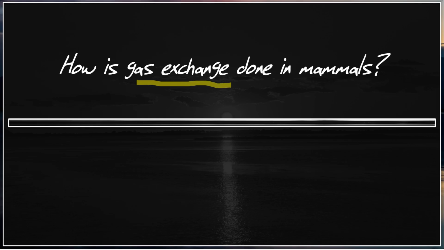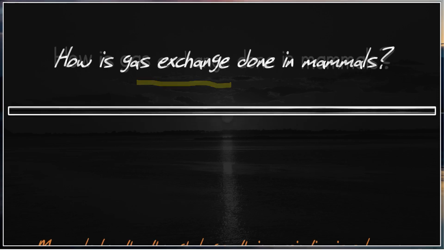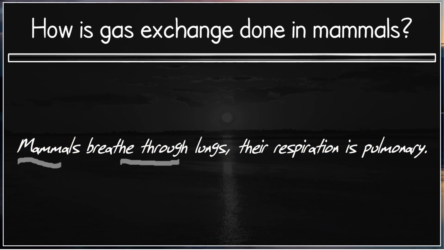How is gas exchange done in mammals? Mammals breathe through lungs. Their respiration is pulmonary.